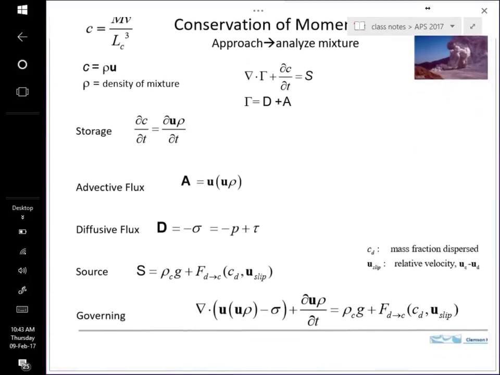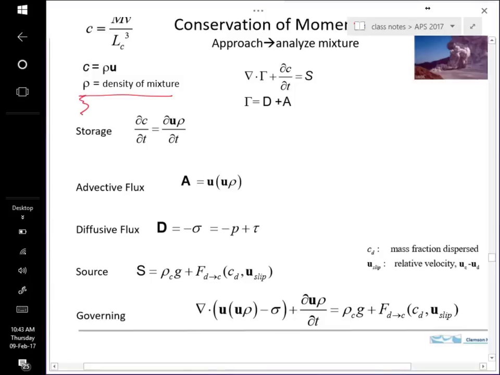And then for momentum, there are a variety of ways, but a simple way to think about this is that we have the momentum of the mixture itself. Momentum per unit volume, we've been treating that as density times velocity. So for this mixture, we've got a density that we just saw.